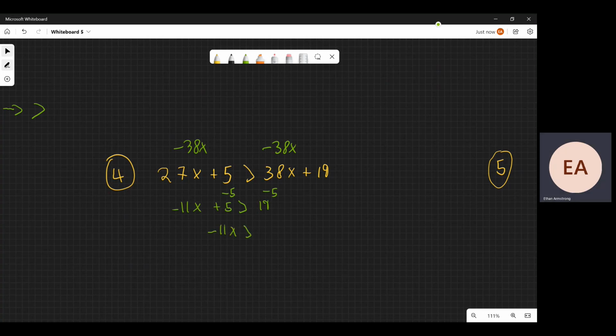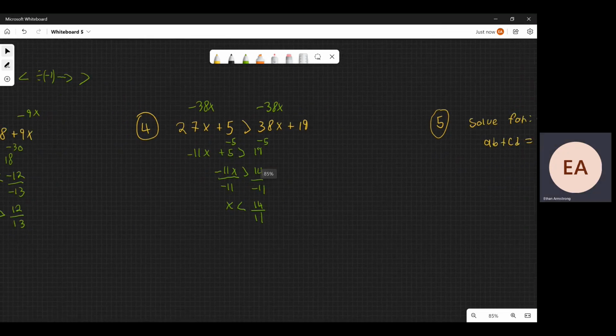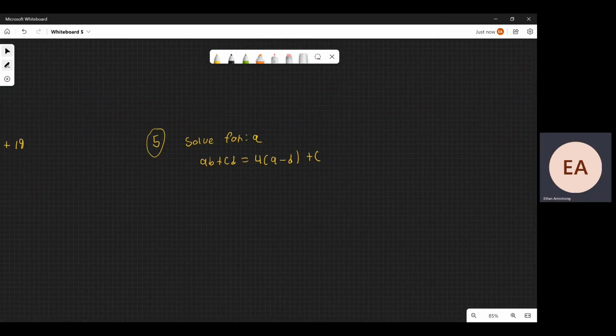So negative 11x is greater than 14. We're going to divide by negative 11. Whenever you divide by a negative, you have to switch the sign around. So now we have x is less than 14 over 11. All right, let's see our last equation.